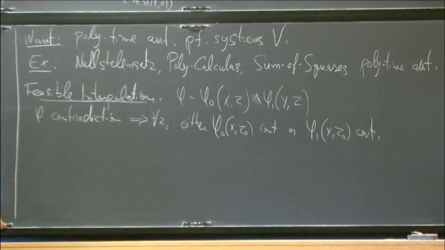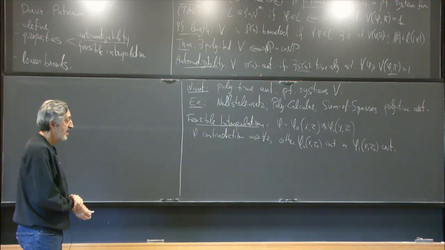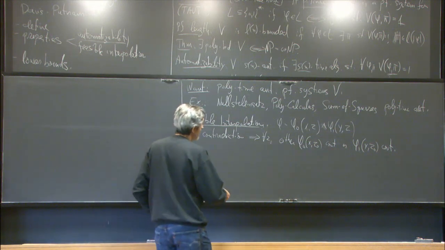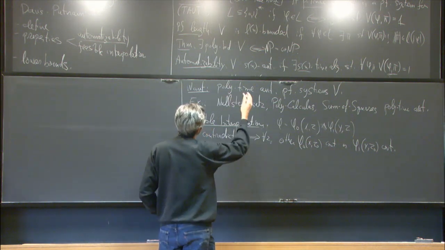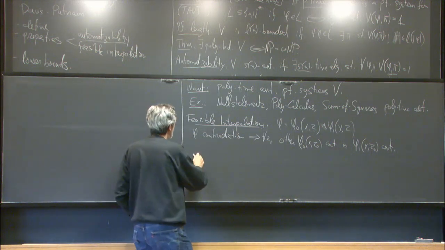Okay, so for different proof systems, you want to ask the question for this kind of tautologies or contradictions, what's the complexity of this problem? I'm not going to define again S of n, I'll just talk about polynomial time.